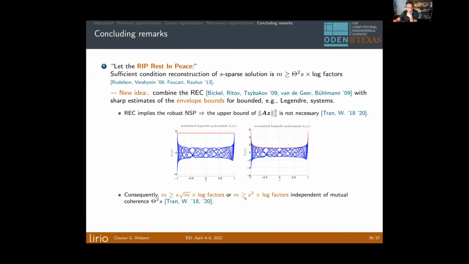In other words, the number of samples can be at least S squared times log factors, and we've completely shown this is independent of the mutual coherence. Unfortunately, this is great in, say, lower dimensions. We are not at this point able to recover the multi-dimensional approximation using this, but at least in the low-dimensional case, we're able to remove completely the constraint on mutual coherence.